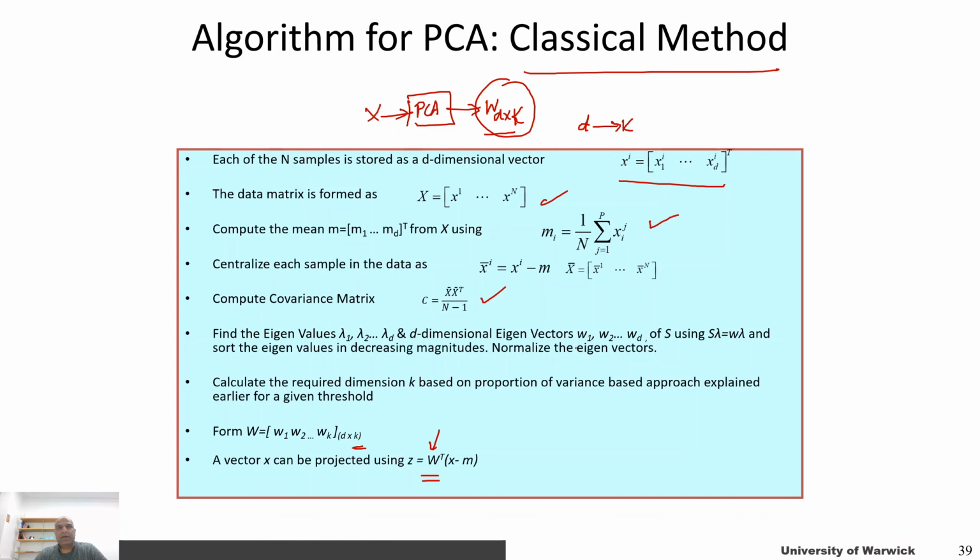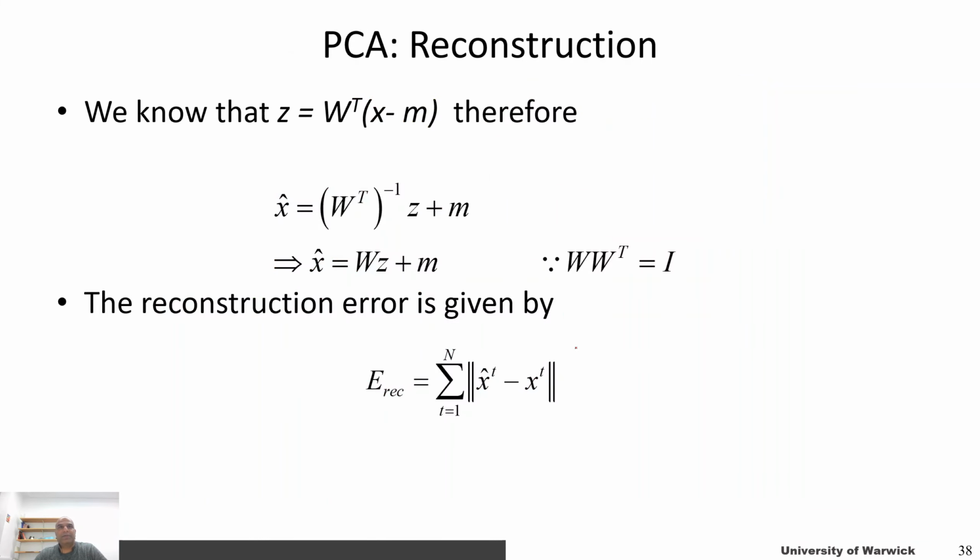So we can approximate the original data point. Let's say if you got a point x and we projected it using our matrix W to a new space. Let's say this was a d-dimensional point, then we use this W matrix and we converted it into this Z, which is now a k-dimensional vector.